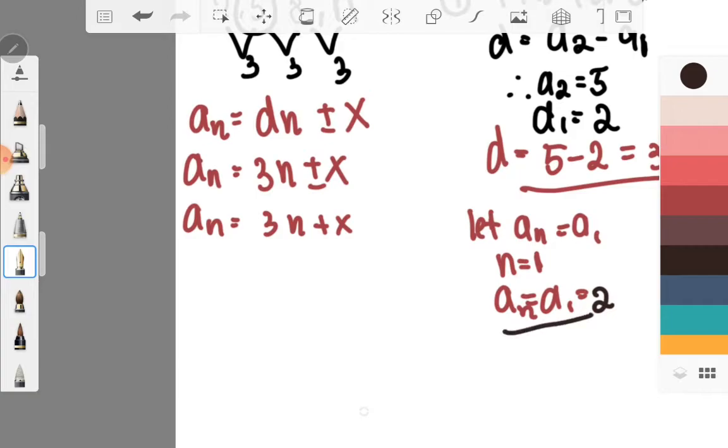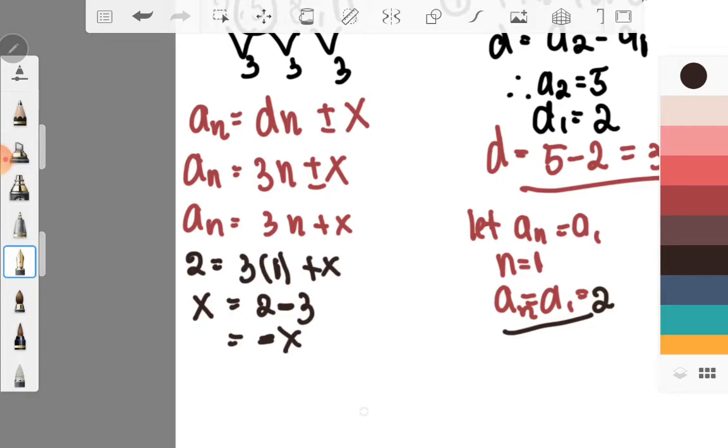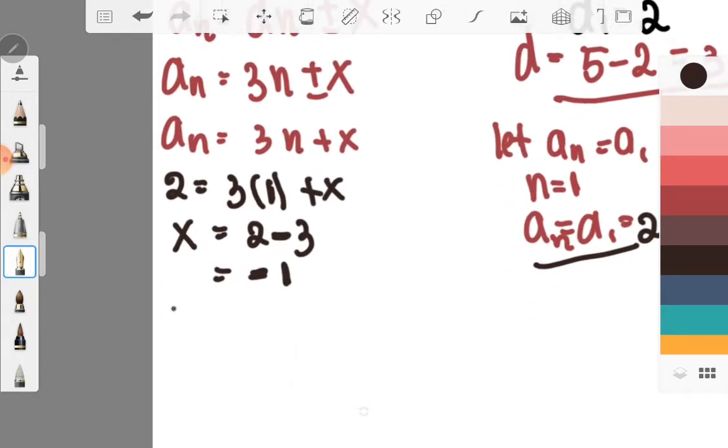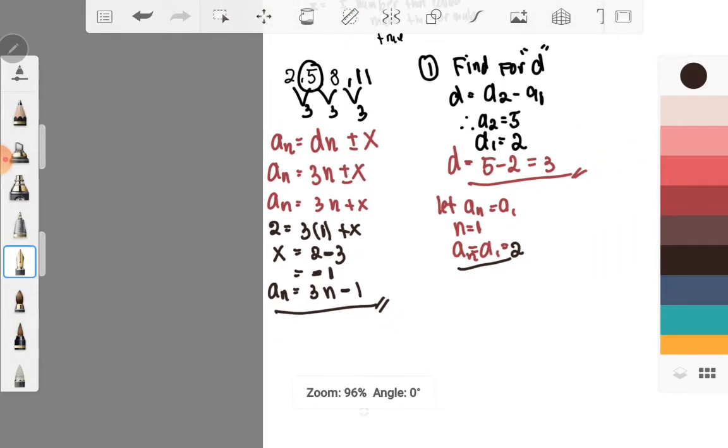So 2 is equal to 3 multiplied by N, which is equal to 1, plus X. So finding for the value of X, I have X is equal to 2, transposing your 3, minus 3, so X is equal to negative 1. Therefore, I have my complete equation, my AN, which is equal to 3N minus 1. Okay, that is my equation.